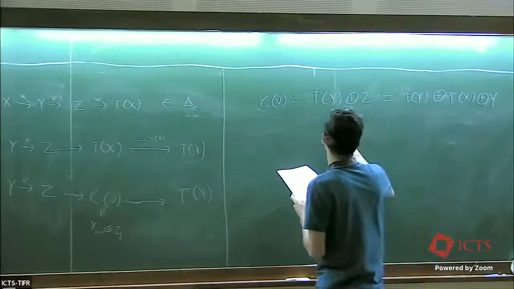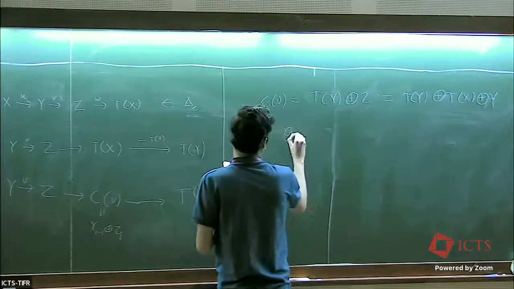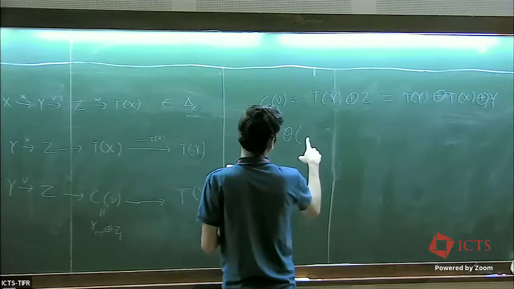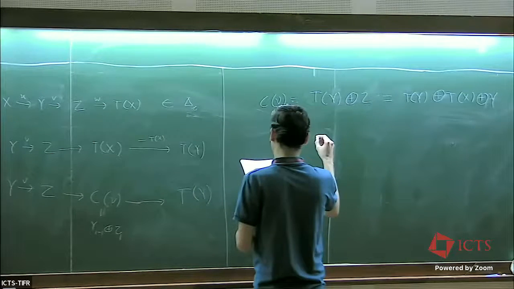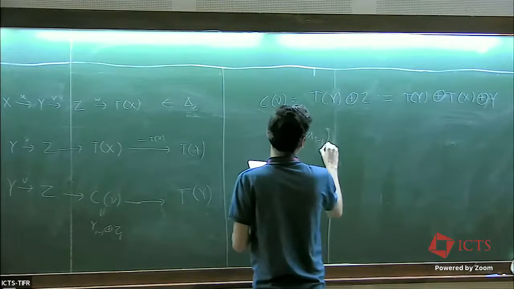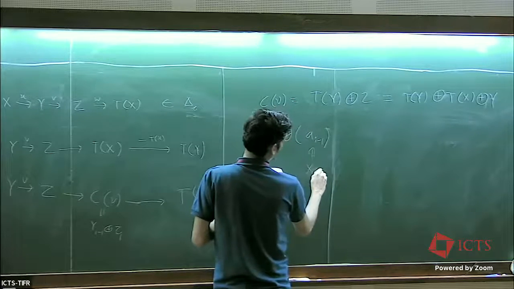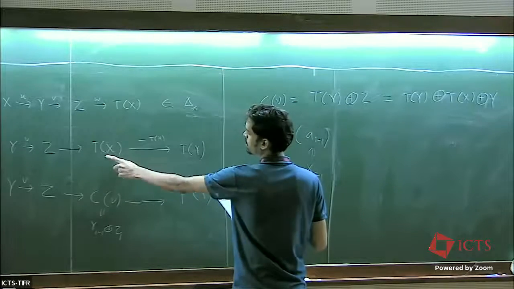And so at ith level, the map is given by, so this is an element of xi minus 1, the ith component here.